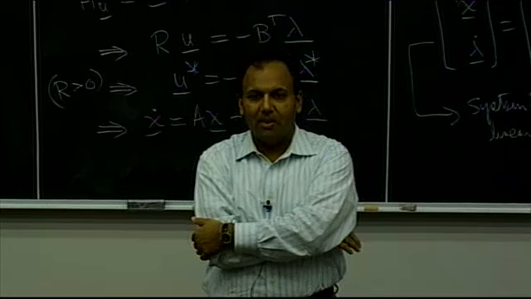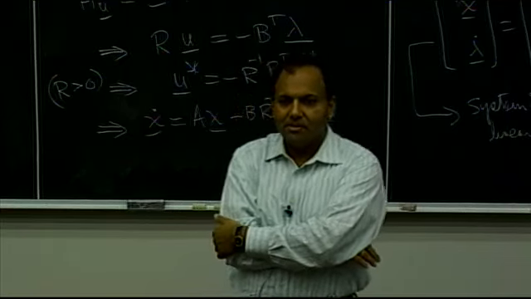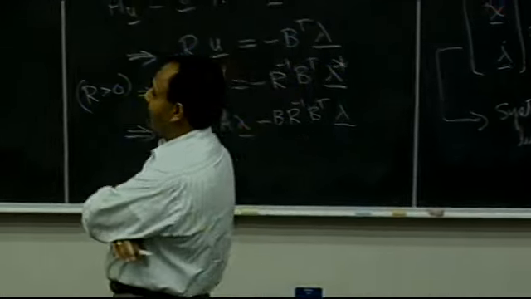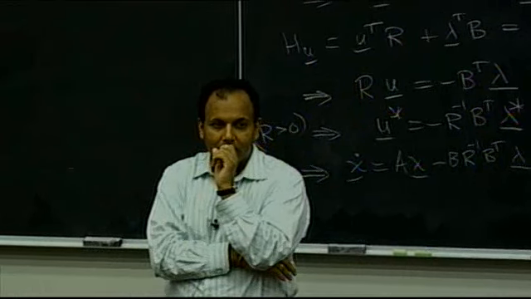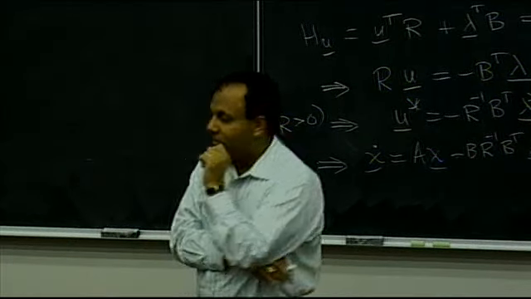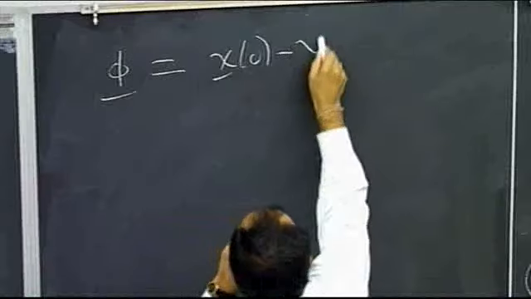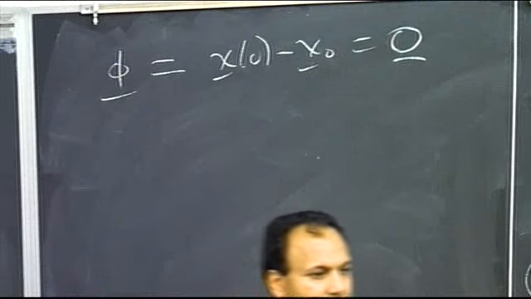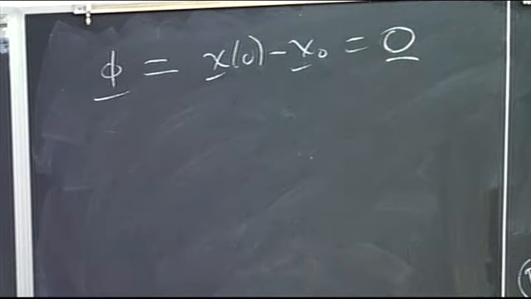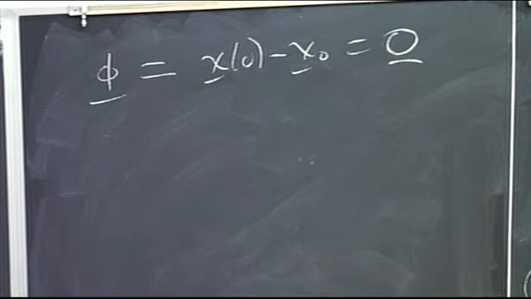Is that a sensible problem statement? Not a sensible problem statement. There have to be some boundary conditions. What are they? By the way, they're on the board. There we go. x at 0 minus x0 has to equal 0. Just because it's simple doesn't mean it's not a boundary condition.